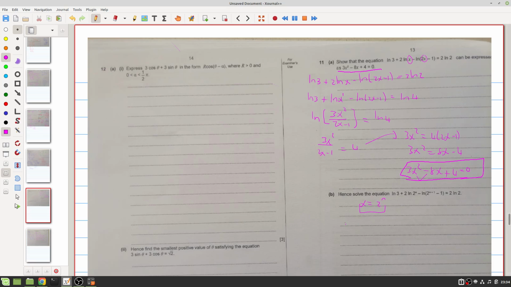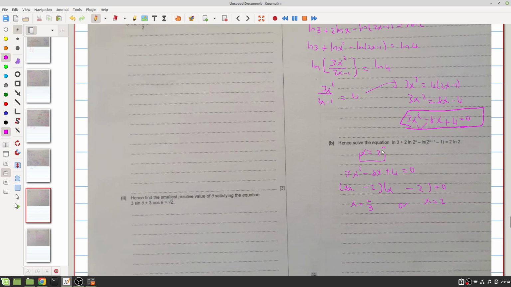Okay, so 3x squared minus 8x plus 4 equals 0. So how can we solve that? Well, we can factorize or use our quadratic formula. Let's factorize this one. So 3x and x, and we've got minus 2 and minus 2. So that gives us x equals 2 over 3, or x equals 2.